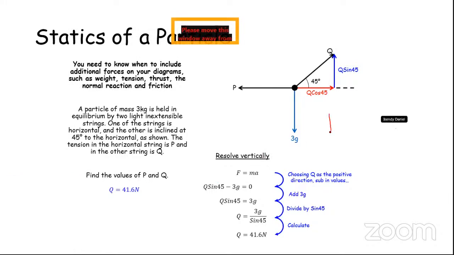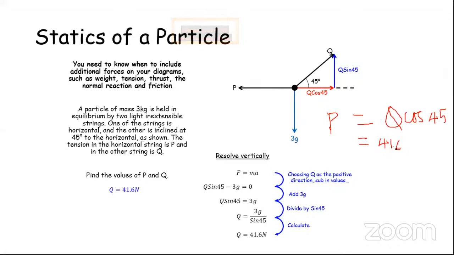So P is equal to Q cos of 45. We already have the Q, which is 41.6 cos of 45.